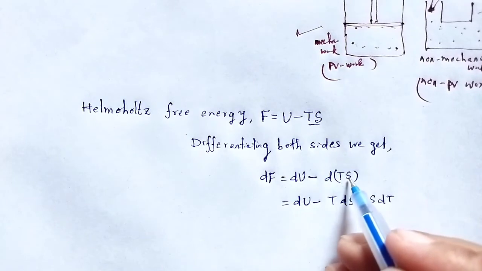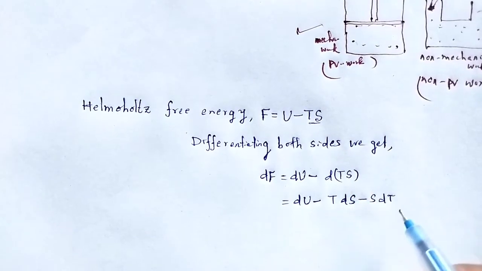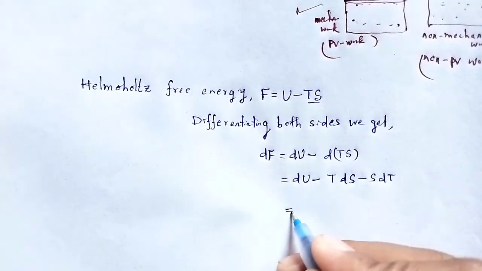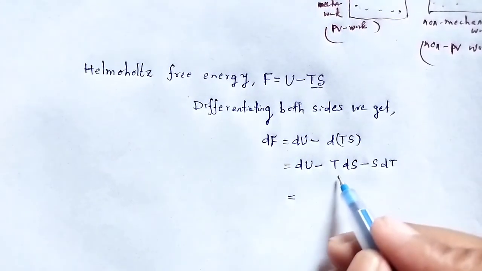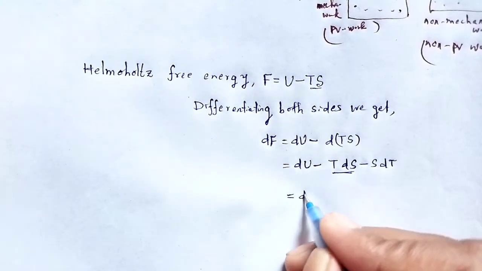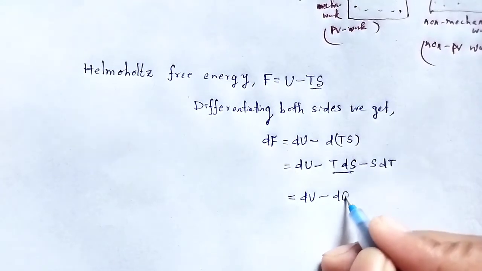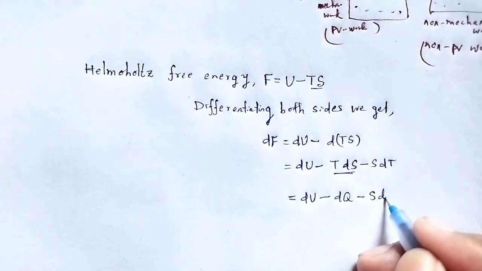Derivative of the first term with the second term T as constant, and derivative of the second term with the first term T as constant. Here in place of TdS, that is dq, dU minus dq minus SdT.